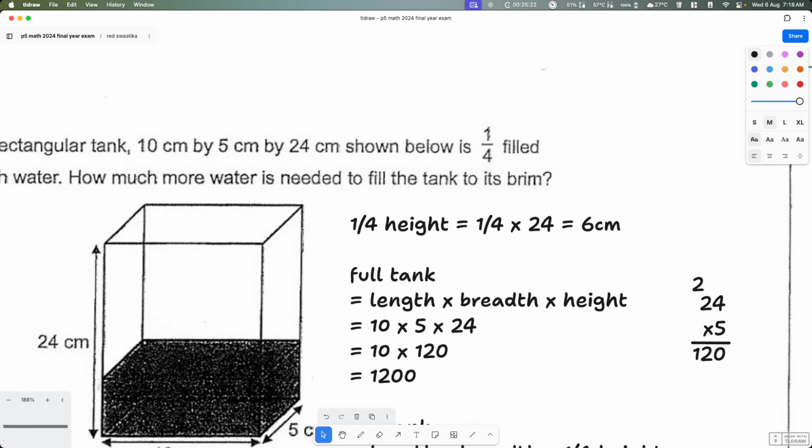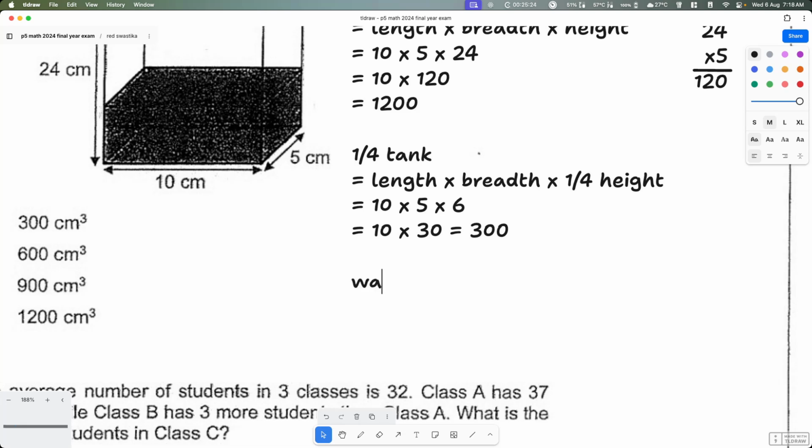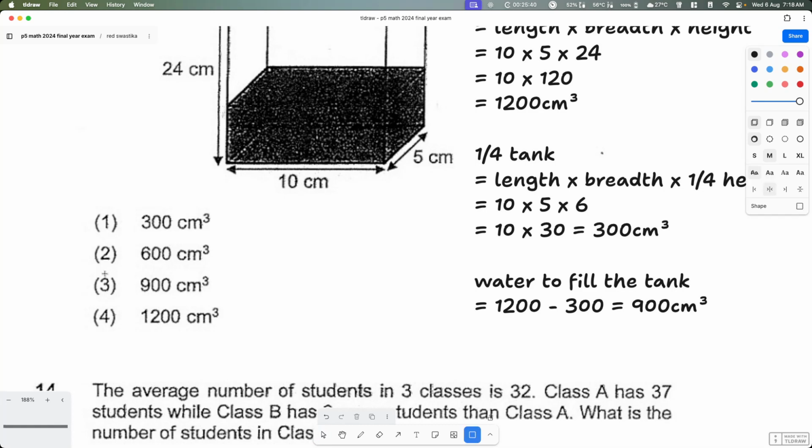So how much water is needed to fill the tank? It is basically 1200 minus 300. This will be 900 centimeter cube. I'm just going to put centimeter cube over here. So the answer to this question is option number 3.